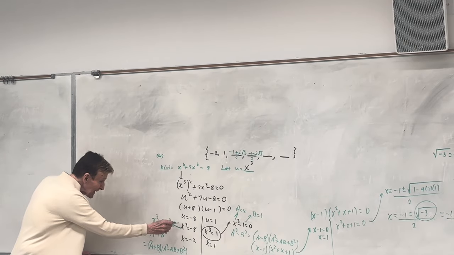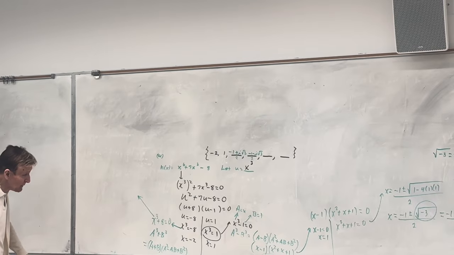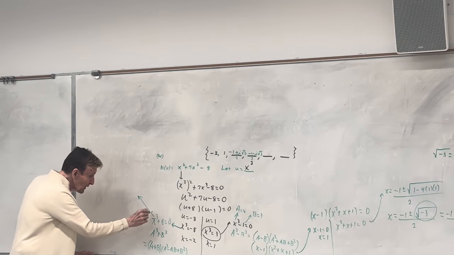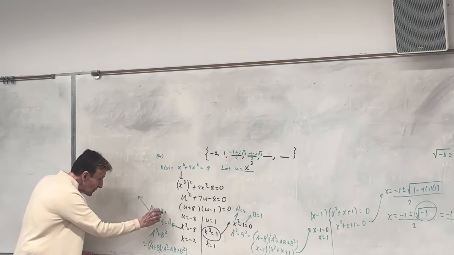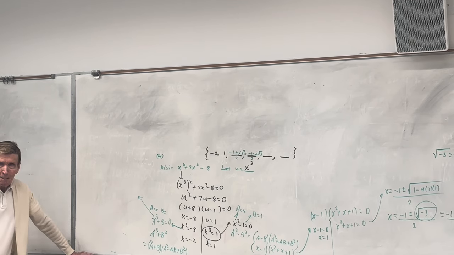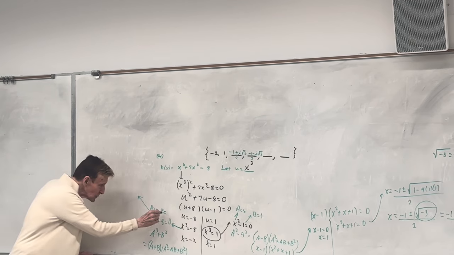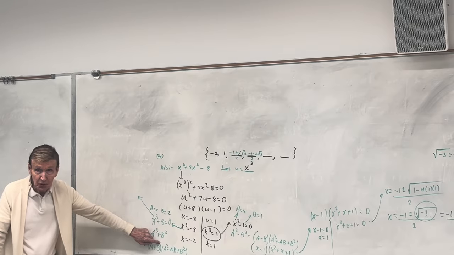I'm gonna apply that to this, and at least set it up for us. A plus B, in this case, be very careful. A is x. What's B? 2. Why 2? B cubed is 2 cubed, 8.